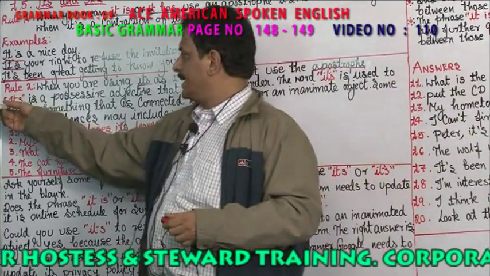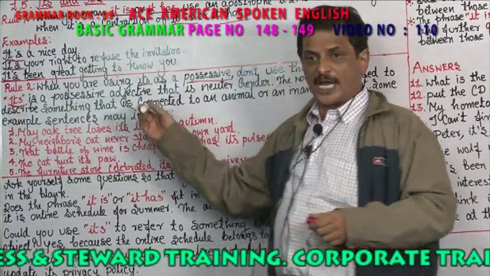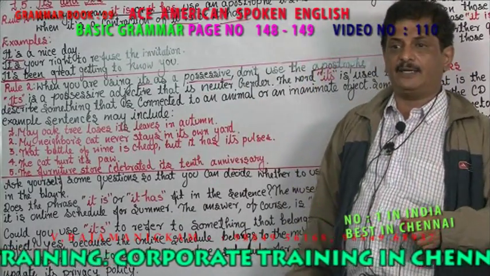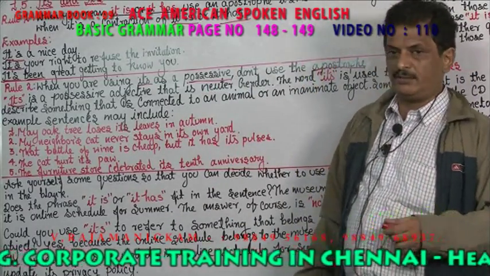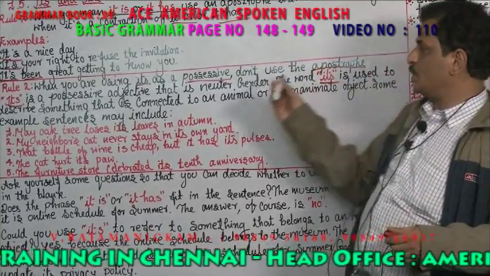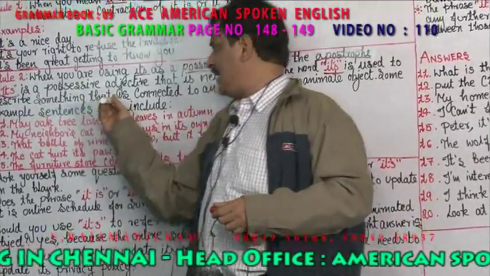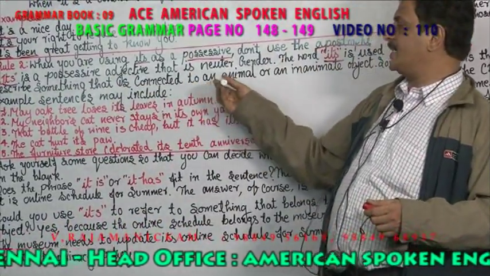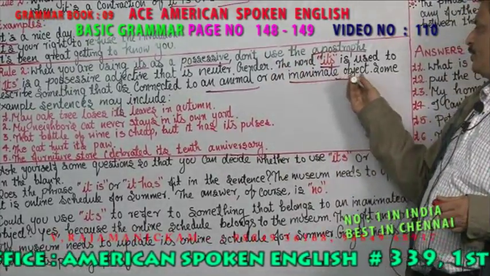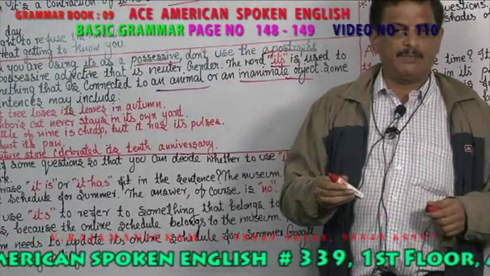Its is a possessive adjective that is neither gender. It doesn't have a gender. It's not masculine. It's not feminine. The word its is used to describe something that is connected to an animal or inanimate object. Not a human being. Animal or inanimate.